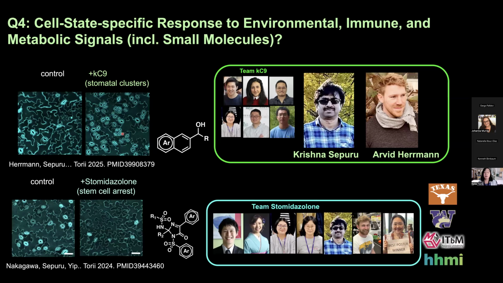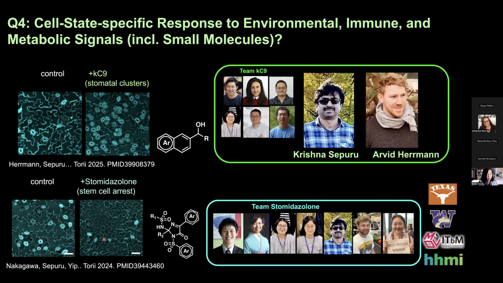This project was done by my talented former postdoc, Avid Herman, and my current senior scientist, Krishna Separ, the structural biologist, as well as teams from UT Austin and Nagoya University. We also had another interesting compound published recently that reduced the number of stomata and more specifically triggers stem cell arrest, or meristemoid arrest.